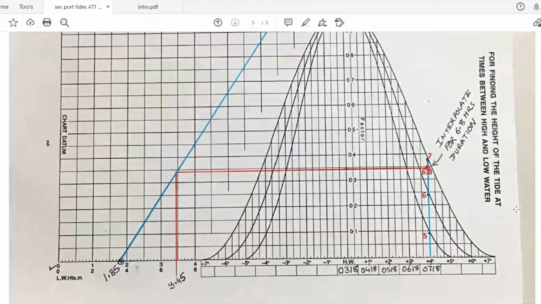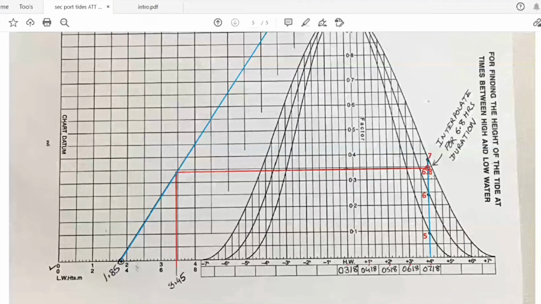But our duration is what? 6.8 hours. So 6 hours is here, 7 hours is here. You can check how many millimeters equal 1, so 0.8 times that distance in millimeters you take above 6. You can either interpolate with the millimeter scale or just visually put down 80% of the way from 6 to 7, and you get this point, 6.8.